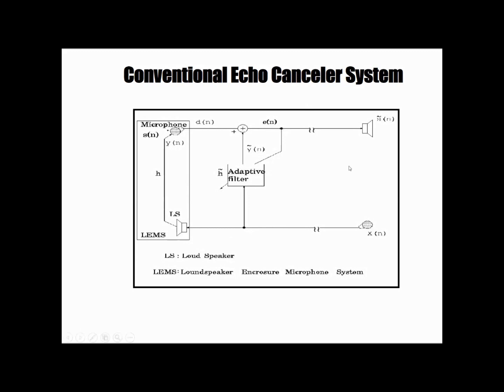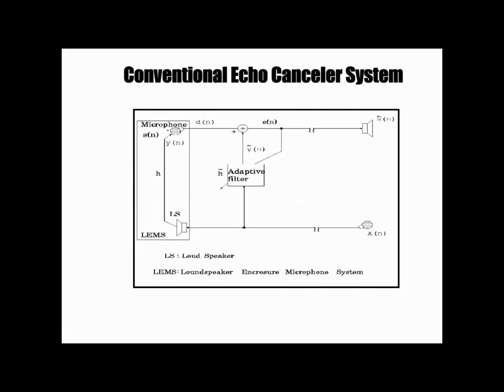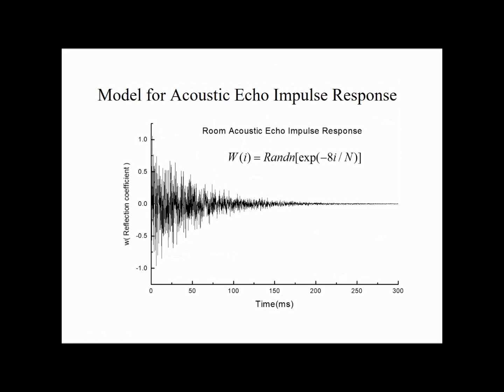Then gradually, after many adaptations, H nabla will go to H, and then E will be minimized. This is the principle of the conventional echo canceller system with an enclosure microphone system. Usually we use the least mean square algorithm, but as I said, there are many other algorithms.